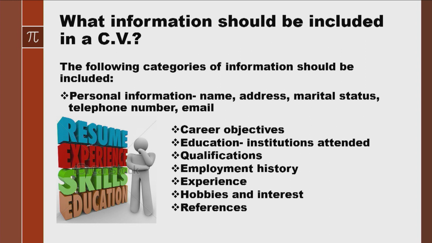Your education, and you talk about the institutions that you've attended and the timing that you've attended those institutions. Your qualifications, your employment history, whether or not you have been employed before and whether or not it is in a similar capacity. Your experience, your hobbies and interests, and your references.